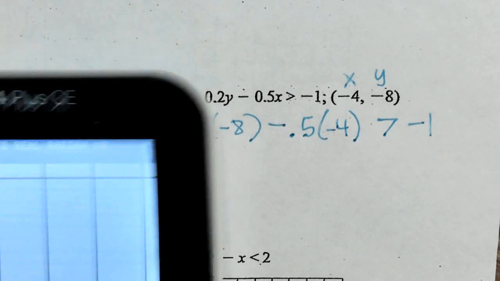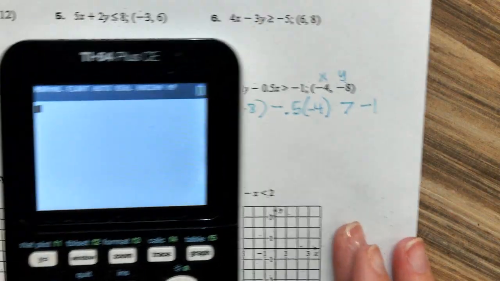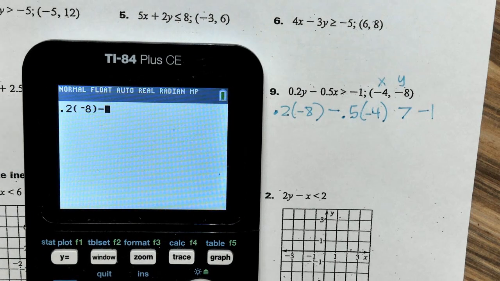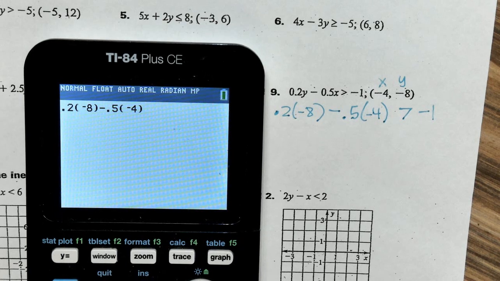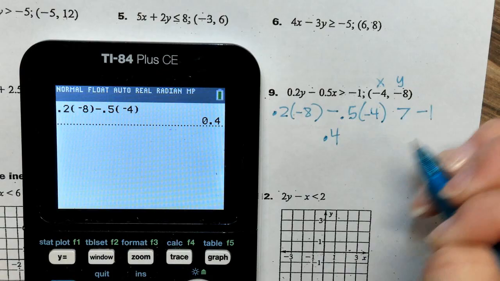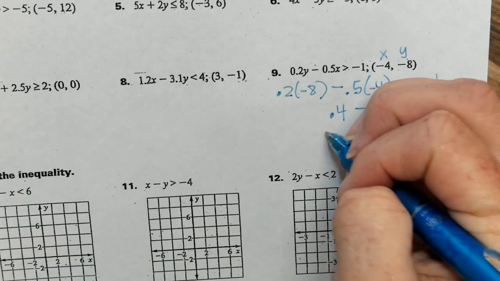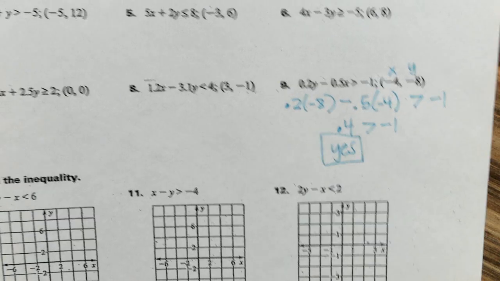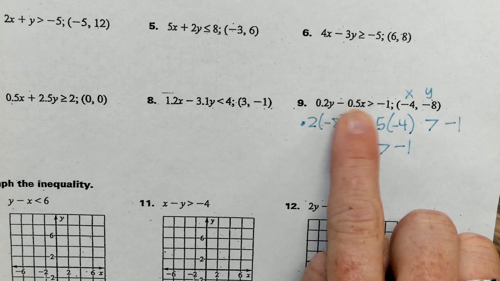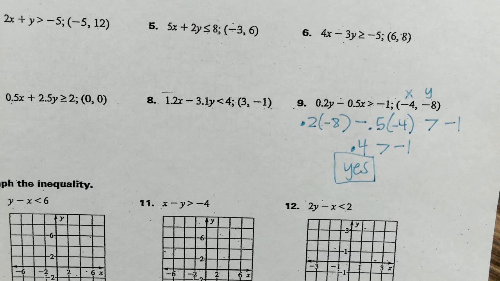So I would do in my home screen 0.2 times negative 8 minus 0.5 times negative 4. I would hit enter. I got 0.4. Is 0.4 greater than negative 1? Yes. So my answer to number 9 would be yes. That means that if I was to graph this inequality, this coordinate would be part of the shaded area.